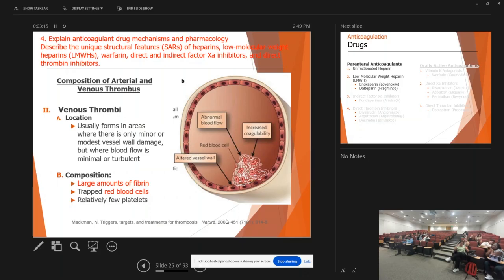The flow is minimal or more turbulent. The composition is largely fibrin, and it is also trapping red blood cells. But it has fewer activated platelets. So majorly the composition is a lot of fibrin, and that is what you have to target. In this case, you have to target fibrin. In the other case, you have to target platelets.